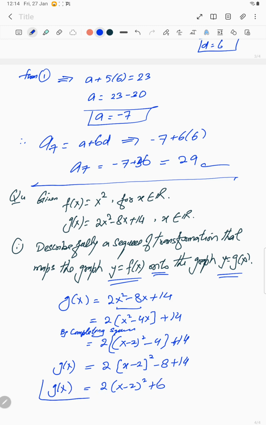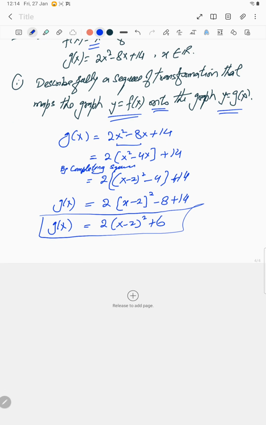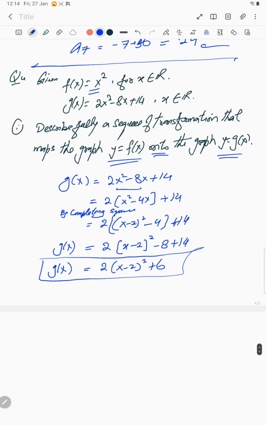So my g of x is in terms of the x squared form, that was f. So I can write this one this way. So this shows a stretch.